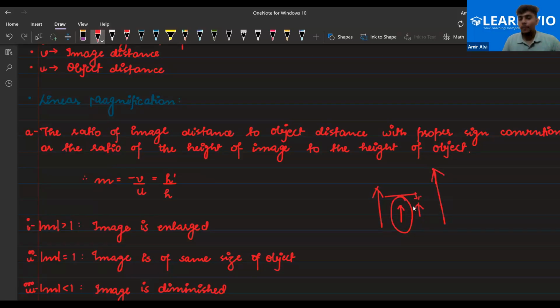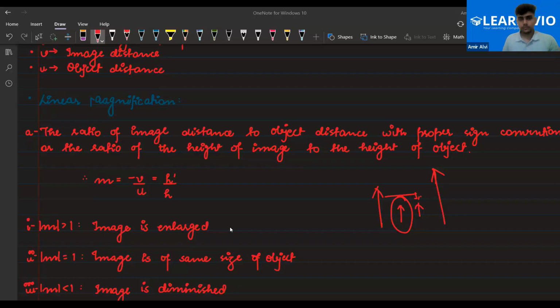Clear, Naveed? So linear magnification is a way to get an idea whether the image formed by the mirror is small, the same size, or enlarged. Clear? Any doubt so far? No. Sure.